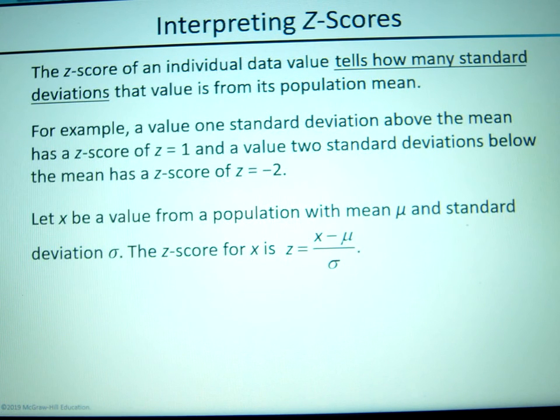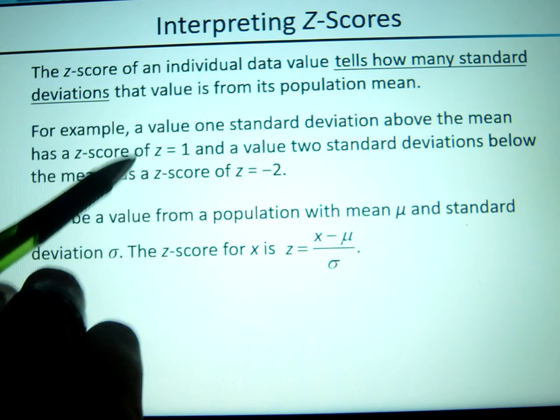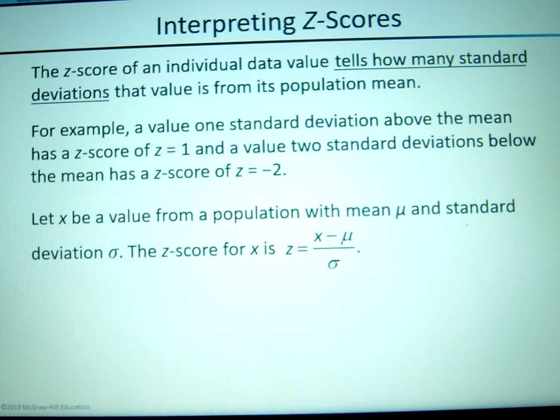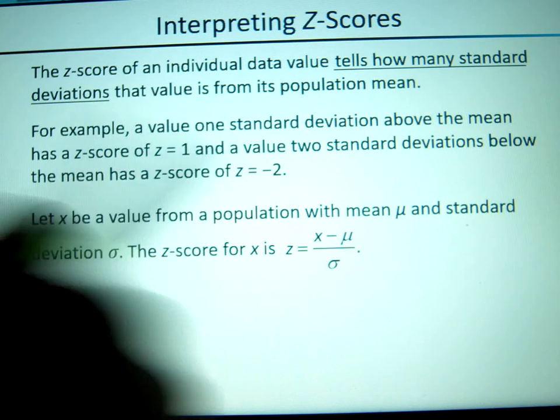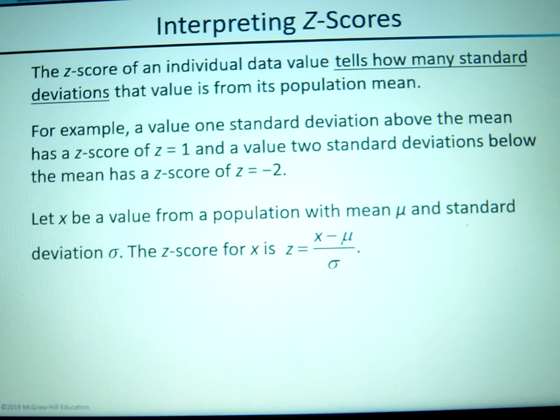And it may be 1, but it may be 1.3. So for example, a value that is 1 standard deviation away from the mean, like in the 68, 95, 99.7 rule, would have a z-score of 1. And 2 standard deviations below the mean then would have a z-score of -2.